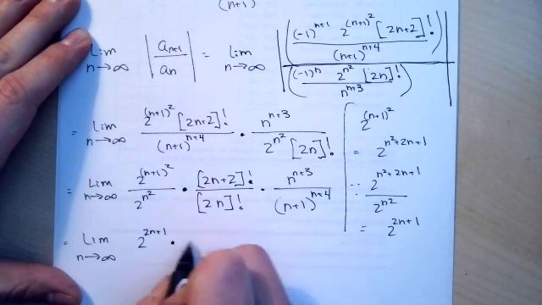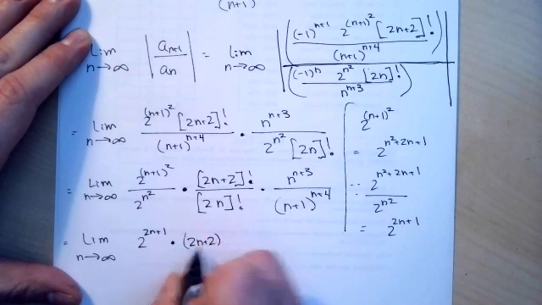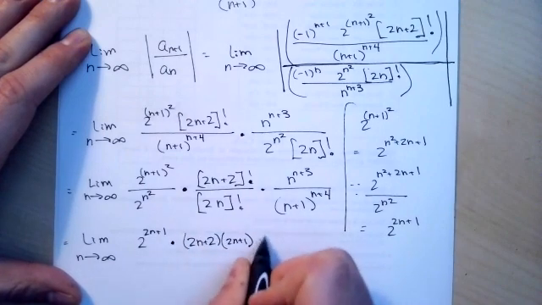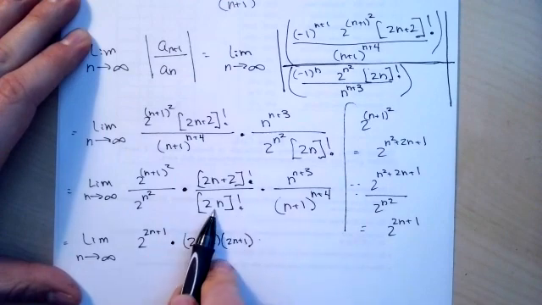Our factorials, we will have 2 to the n plus 2 times 2 to the n plus 1 times 2 to the n factorial, which will divide out that 2 to the n factorial.